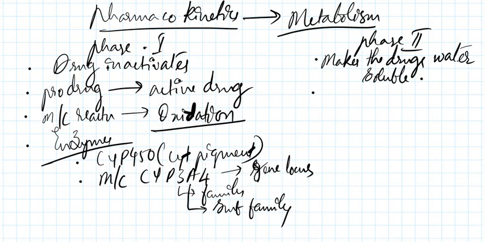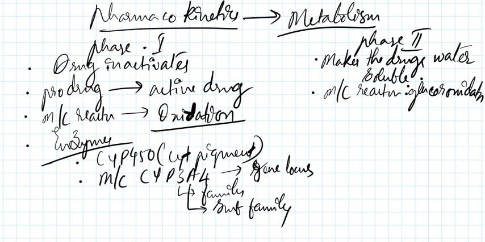What is the most common reaction in case of phase 2? It's glucuronidation. Wait. Most common reaction is glucuronidation. Okay, it's glucuronidation.